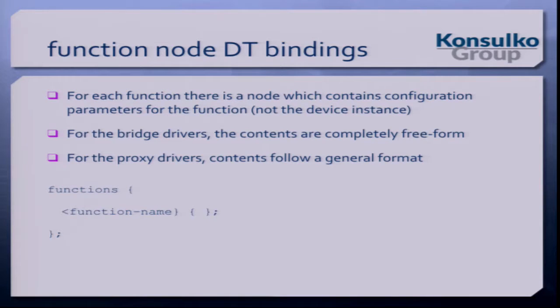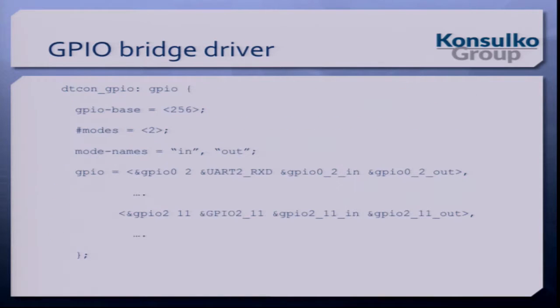So you have a function node for each different function, and the bridge drivers are completely free-form. You can do whatever you need with them, because there is code that actually reads that and does the configuration. But the proxy drivers follow a general format. So there's a typo there. Oops. So let's take a look at the GPIO bridge driver.